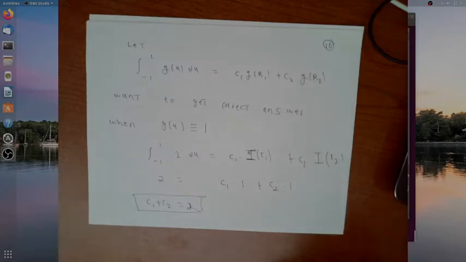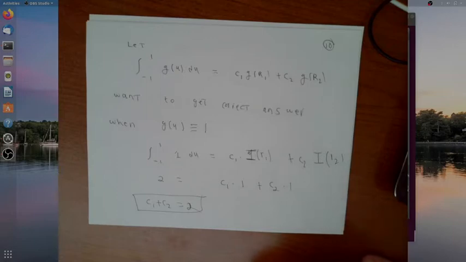So to keep the writing under control, I'm just going to think of having the integral from -1 to +1 of g of u du. I'm going to think about the simplest possible rule of this type. I will have two r numbers, r1 and r2, and correspondingly two c numbers, c1 and c2.